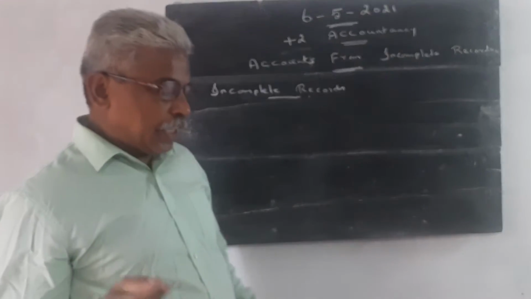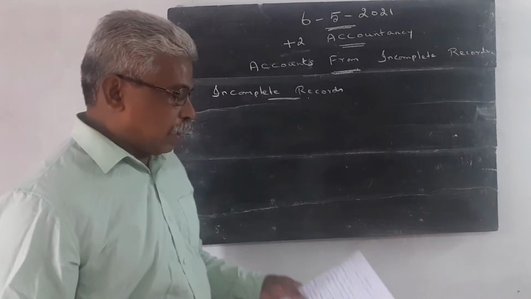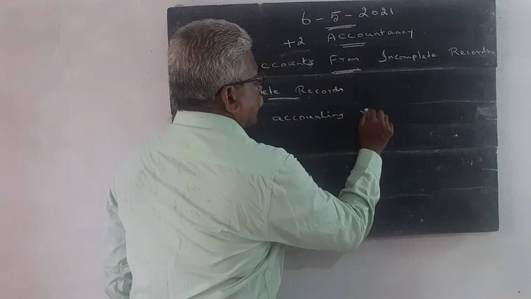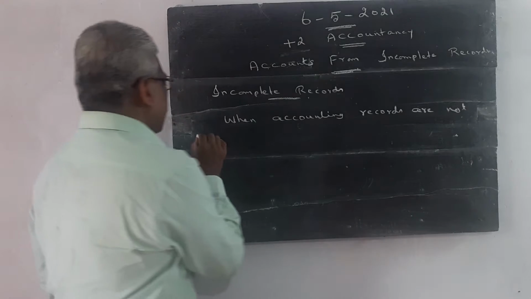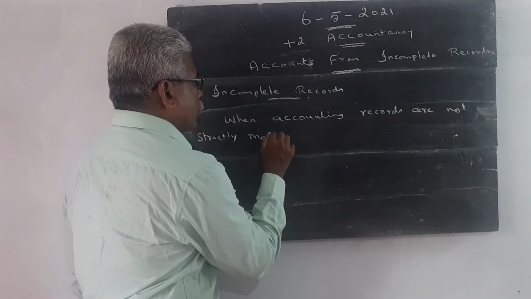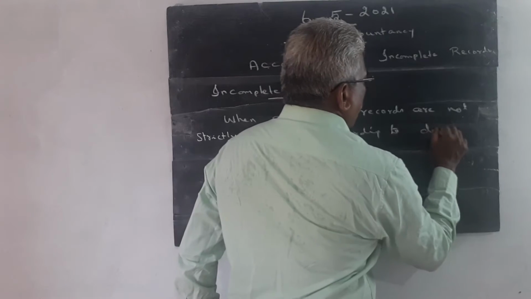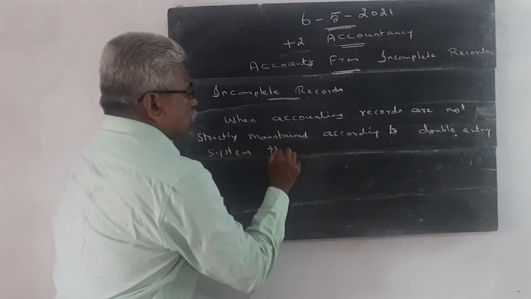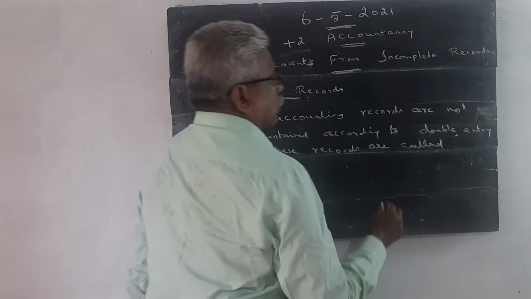When the double entry system of accounting is not maintained, it is called incomplete records.